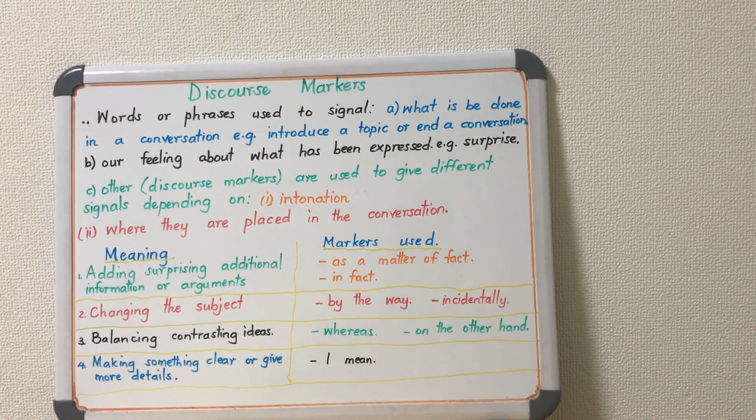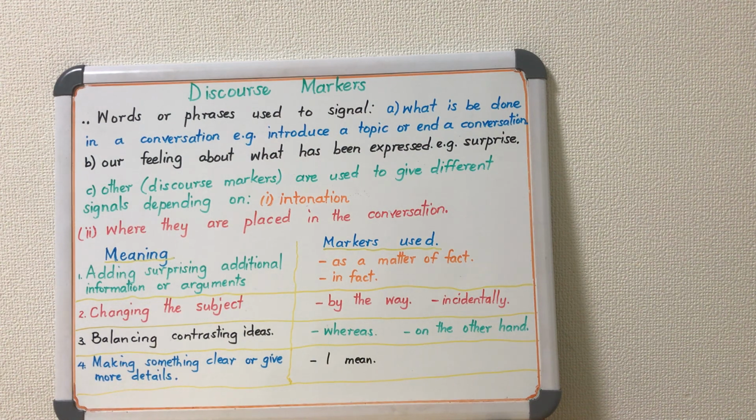Discourse markers can be single words, they can be phrases, but they are used to signal about three aspects in the language or in your writing. Aspect number one is that they are used in a conversation to introduce a topic or to end a conversation.